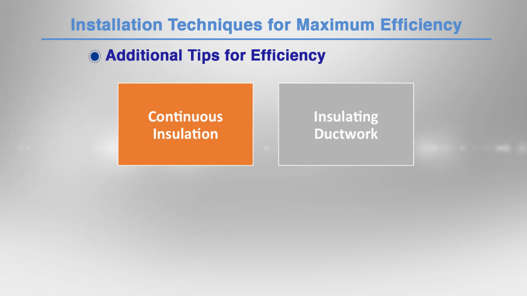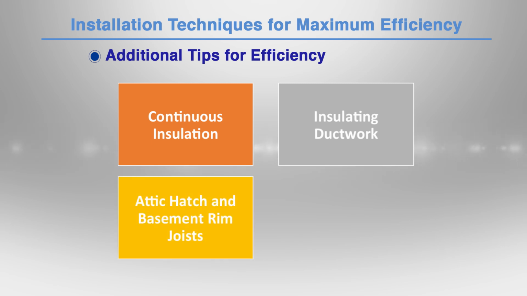Insulate HVAC ductwork, especially in unconditioned spaces like the attic or crawl space, to reduce energy losses and improve system efficiency. Third one is attic hatch and basement rim joist. Don't overlook insulating the attic hatch and basement rim joist, as these areas can be a significant source of heat loss.